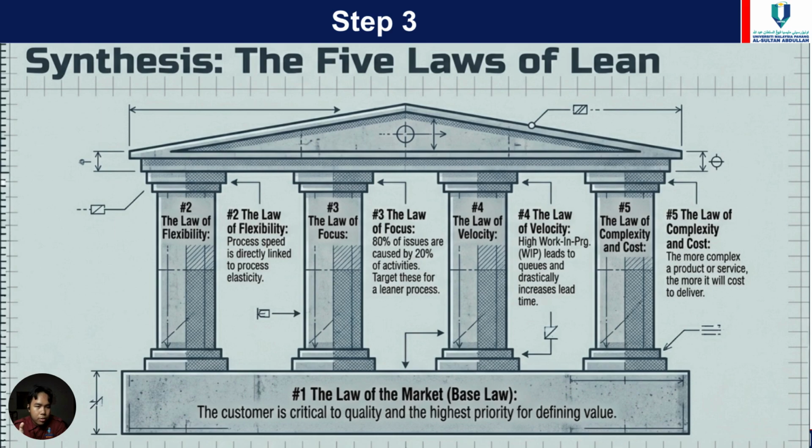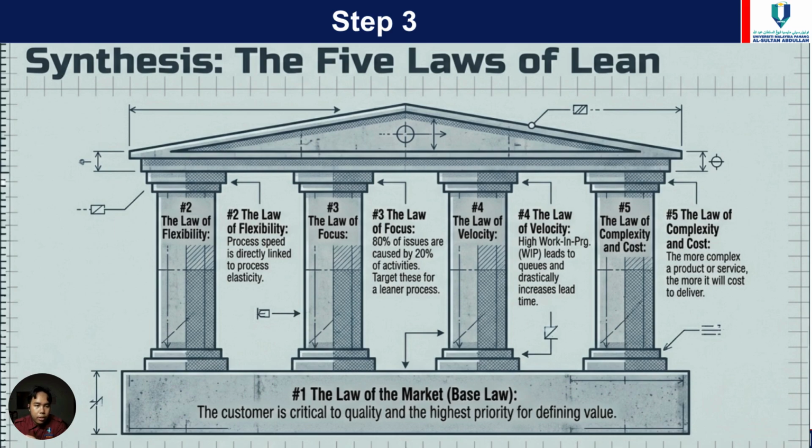If the second law is good, now we move to the third law, the law of focus. The law of focus is that 80% of issues are caused by 20% of activities. So we need to target certain variables to maintain the process. And then the law of velocity, which is that high work in progress, WIP, leads to queues and drastically increased lead time, where the process must be as quick as possible to reduce the time taken.